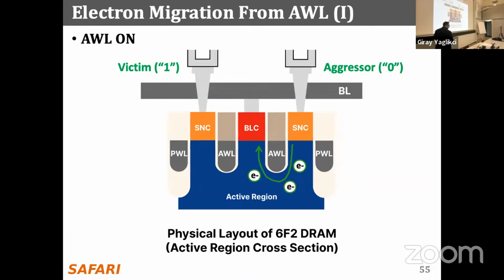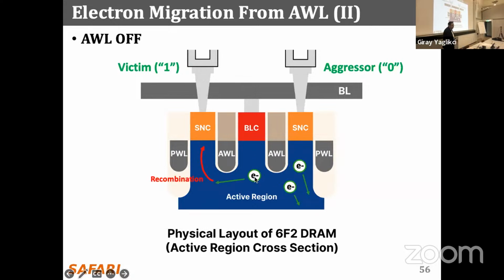Essentially, when you have a high voltage on the victim capacitor and a low voltage on the aggressor capacitor, and you activate this word line, some electrons pass and form a channel over there, right? Since this is low voltage and this is high voltage, some electrons move in this direction.